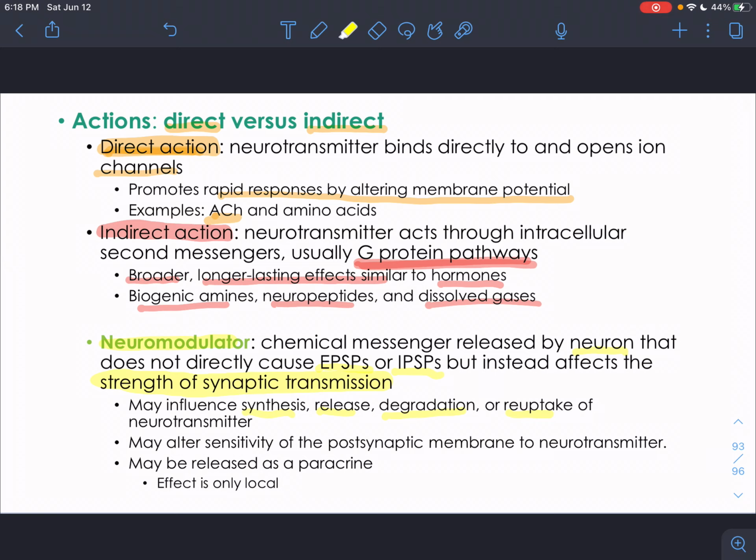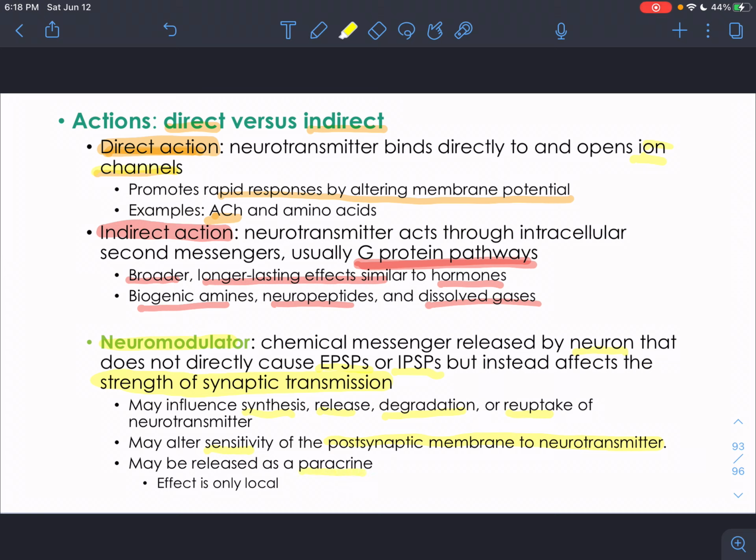So if they're causing a neurotransmitter to be sticking around longer or broken down quicker, obviously that's going to affect the results that neurotransmitter has on the postsynaptic cell. It can also alter the sensitivity of the postsynaptic membrane to the neurotransmitters. So it can bind or affect these ion channels on the postsynaptic membrane and make them more sensitive or less sensitive to the neurotransmitter being released.